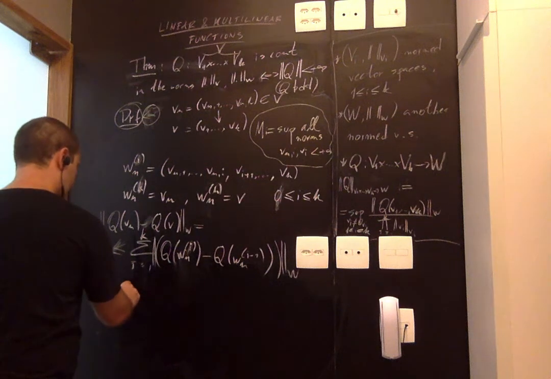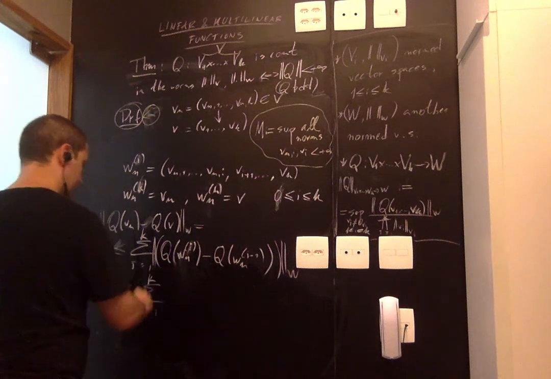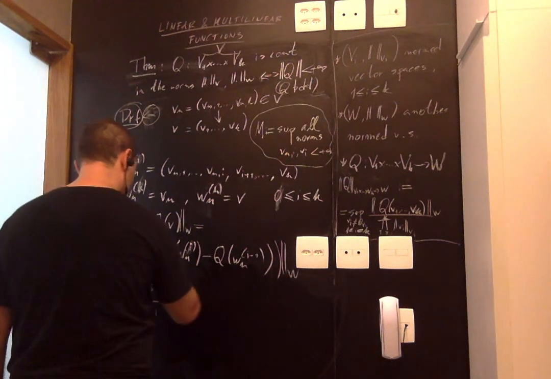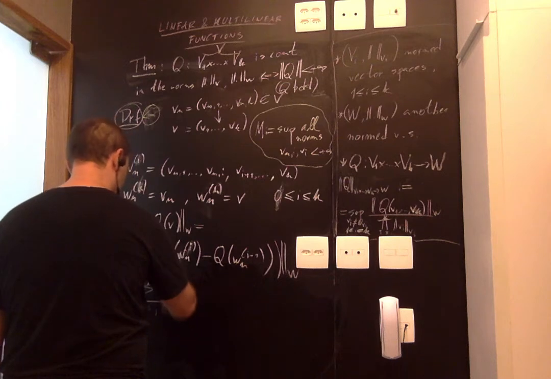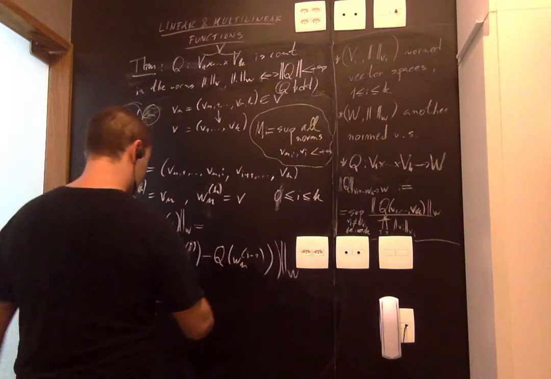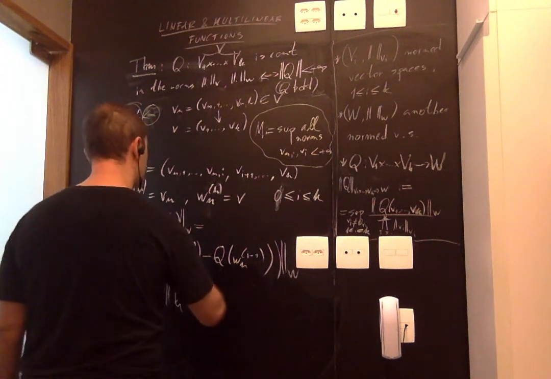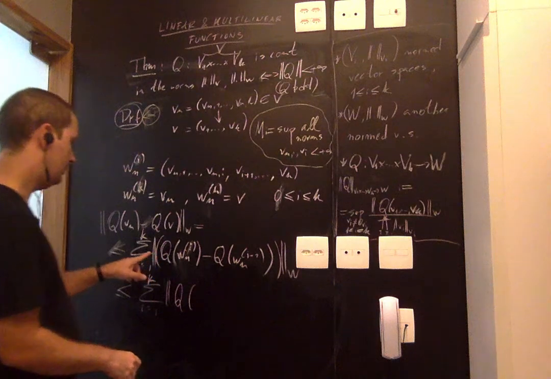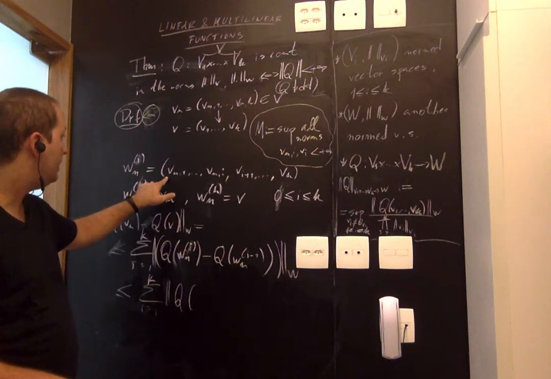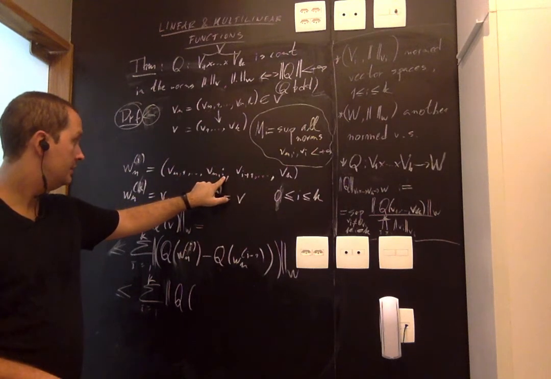And now comes the trick, right? Look at what I have over here. I can write this guy as, now I can use linearity, right? So first look at this guy, W n i. This guy has V sub n up to i, right?